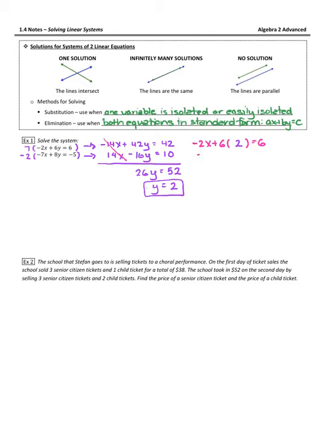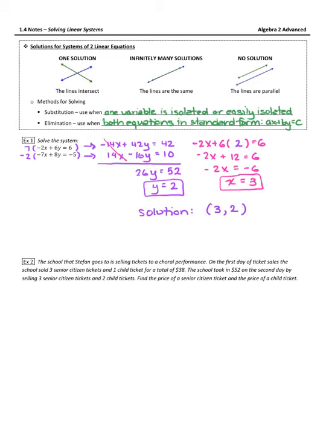So this gives me -2x plus 12 equals 6. So -2x is a -6, which means x equals 3. And then please always write your solution as an ordered pair, because that's really what you're finding here. So (3, 2), because we always write x before y. All right, that's solving a 2 by 2.